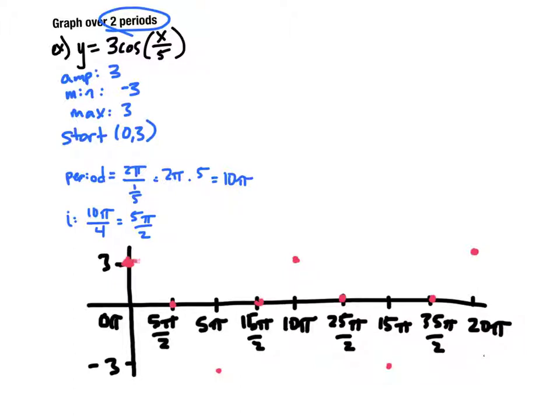Connect all the points. And I've graphed this over 2 periods. You can see right here where it starts to repeat itself. And that's graphing cosine.